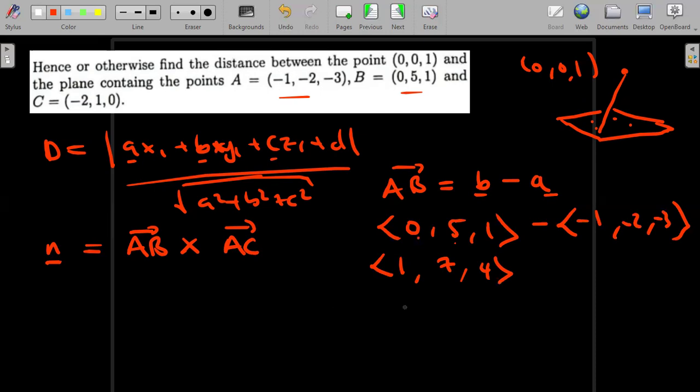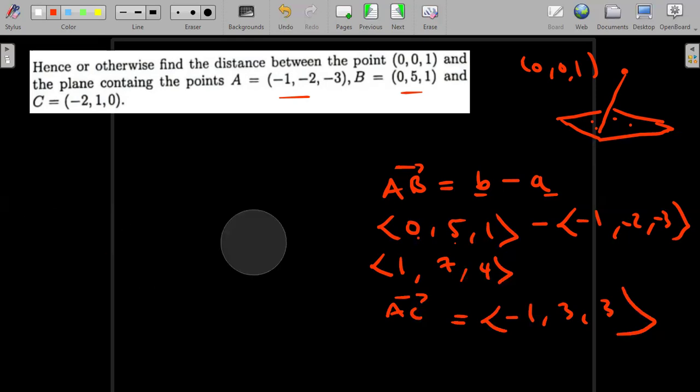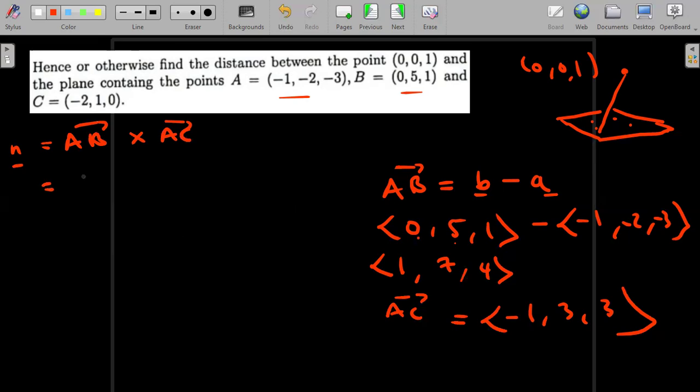Then you do the same procedure for C. For AC, you find that this is going to be equal to -1, 3, 3. This is what you're going to get. From here, we can now find the cross product. So the cross product of what we're now calling our normal, because we said n should be equal to AB cross product AC.